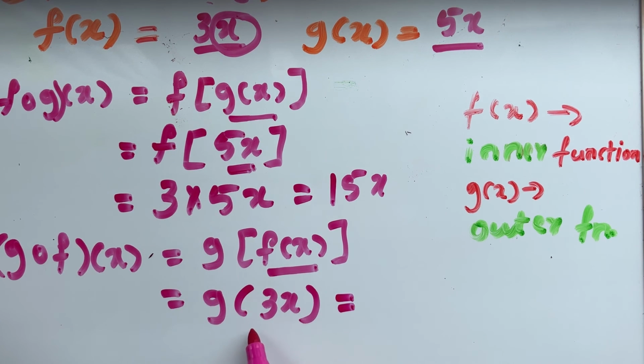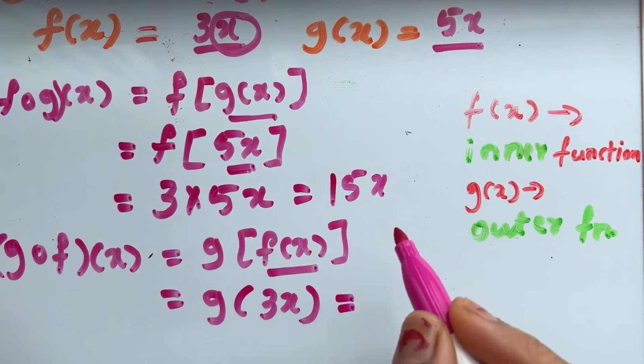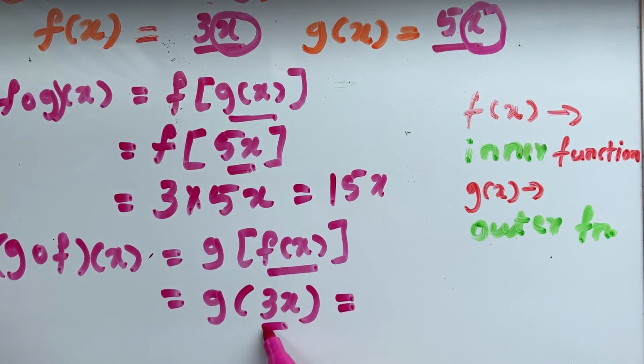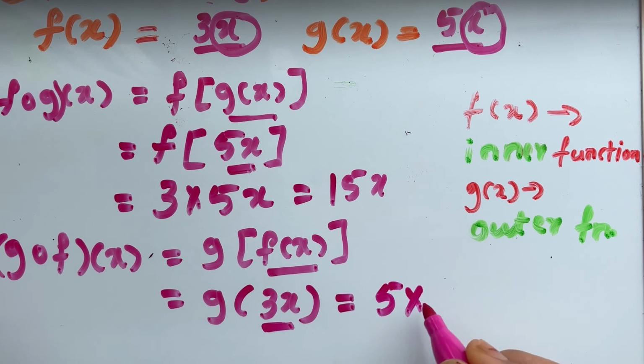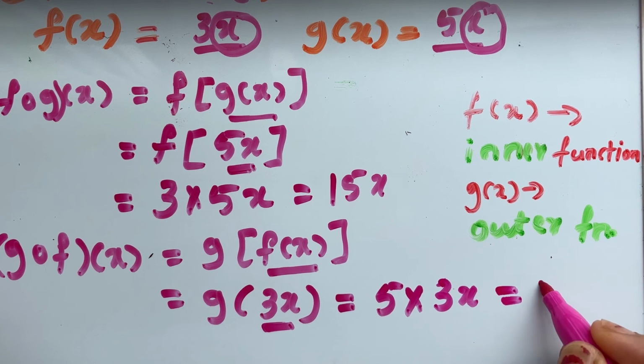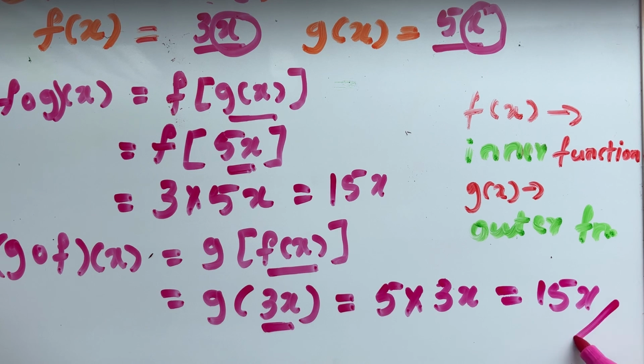Our g of x is nothing but 5x. So in place of x, you have to replace 3x. That is 5 times 3x, which is also 15x.